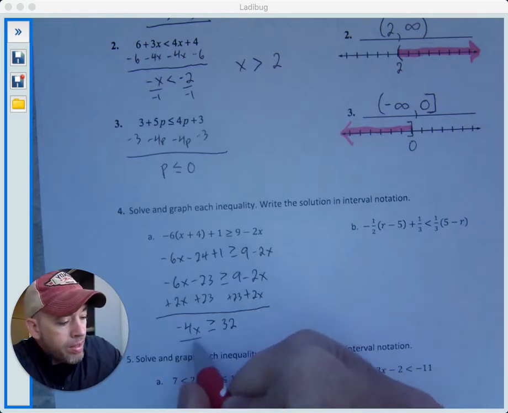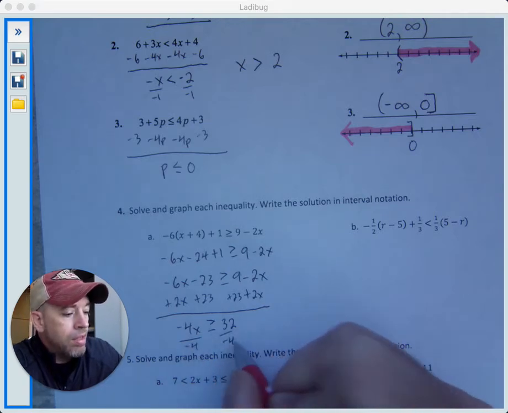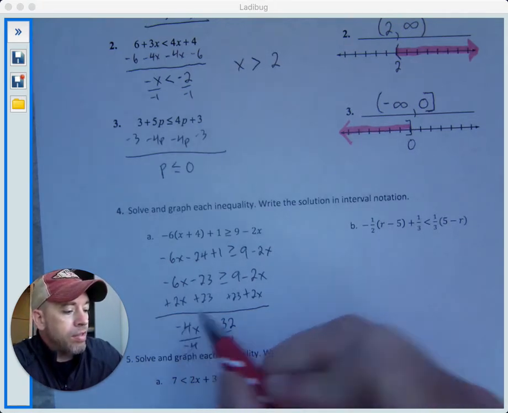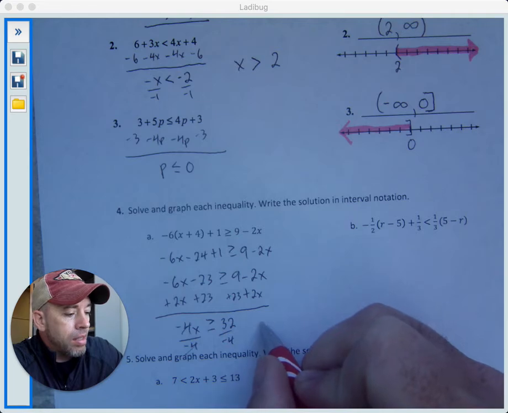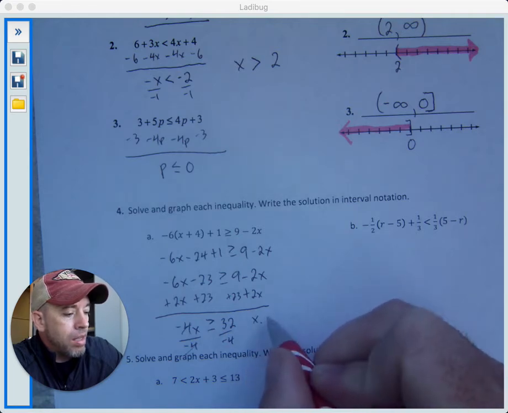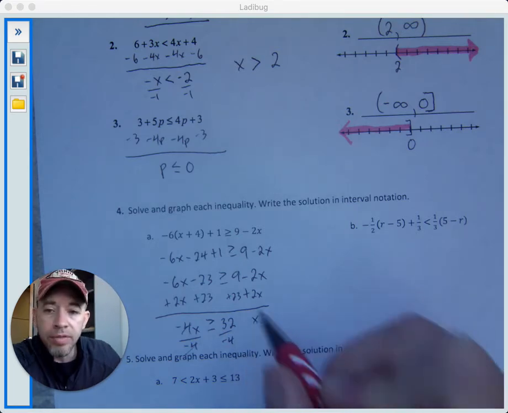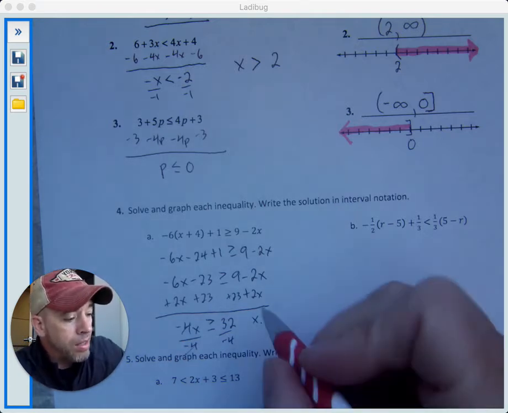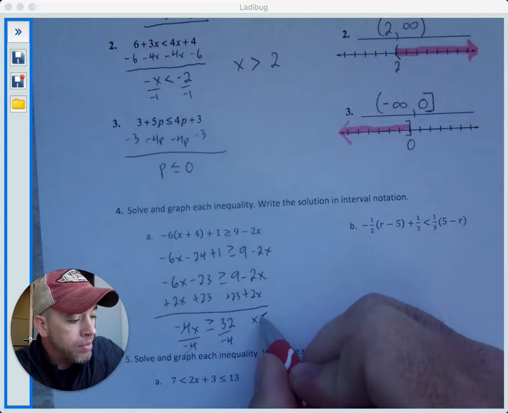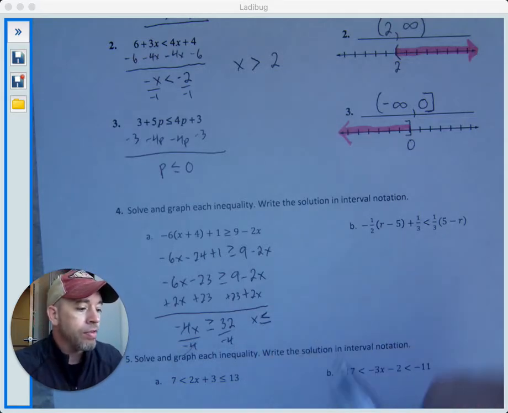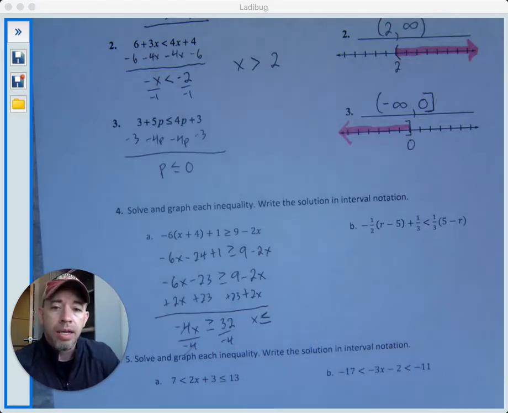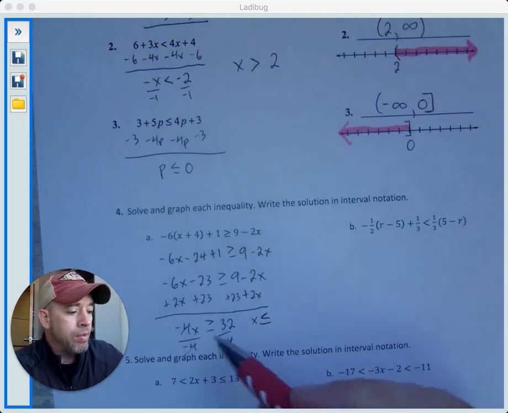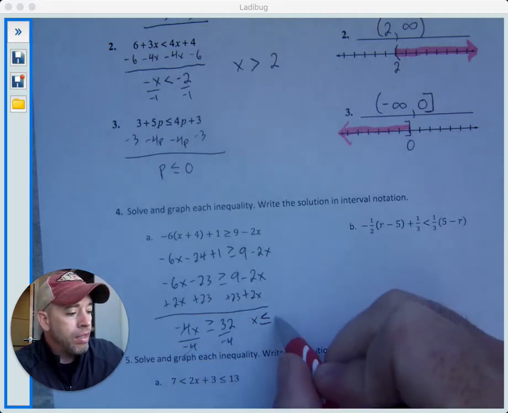So I'm going to divide by -4 in this case. The -4's cancel here. We get x is, what do we have to do? Don't forget, we divided by a negative, so we have to flip the inequality sign. It's a real easy thing to forget. We want to make sure not to forget that. So x is less than or equal to, we flip the inequality sign, and we have a -8.